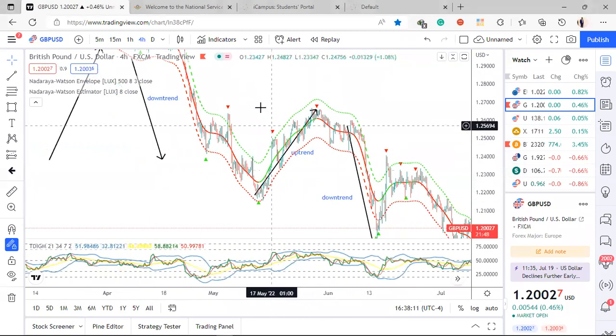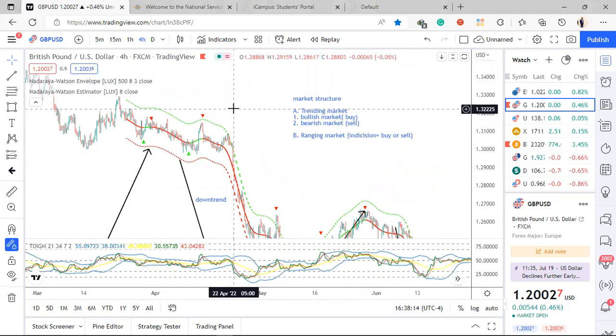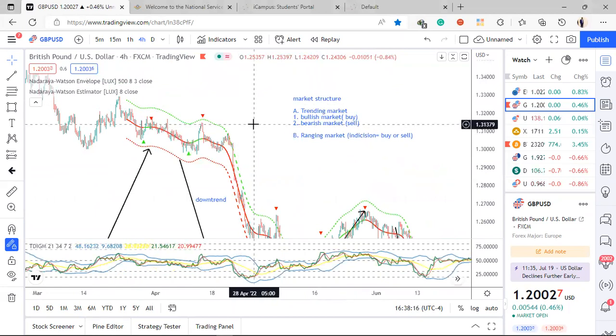So just a recap of what we did last time. Under market structure, what we are looking at is what form does the market take? When we talk about the Forex market, what form does it take? In the Forex market, there is a trending market, and then there is a ranging market.